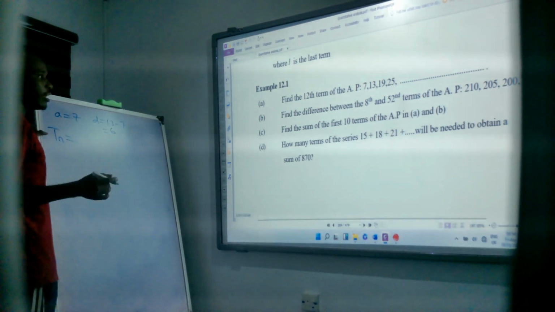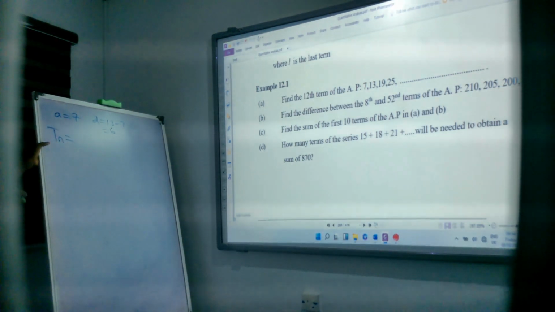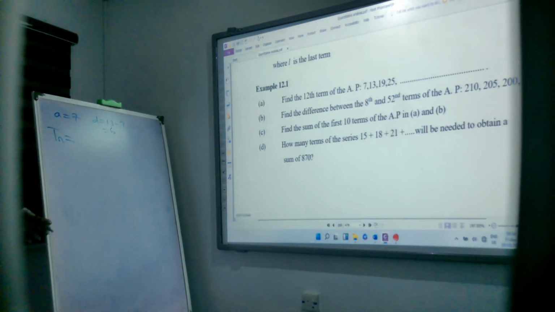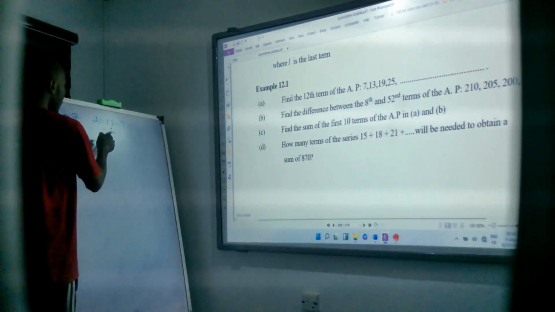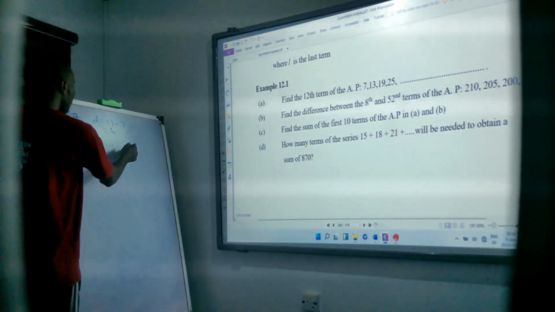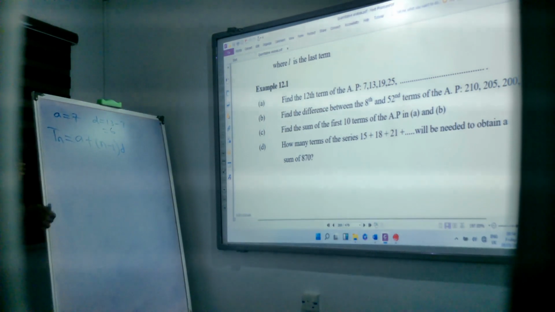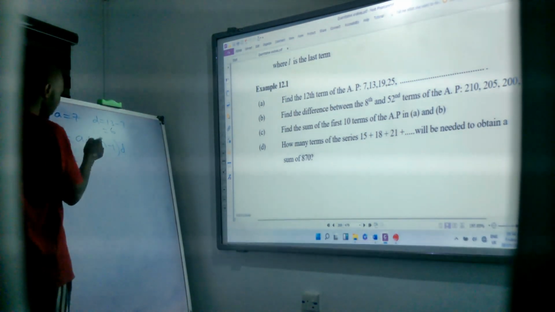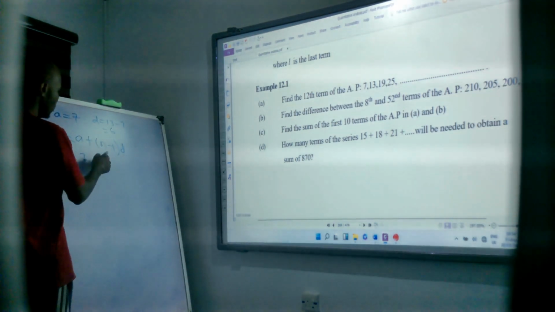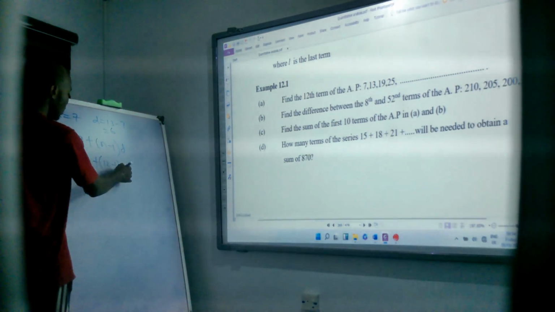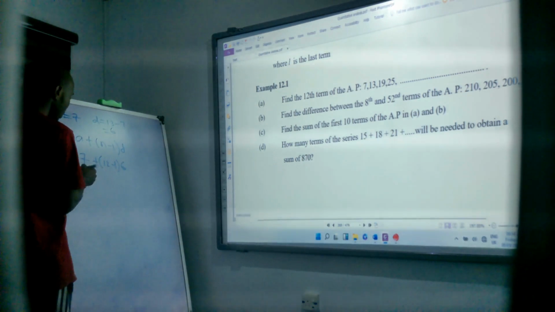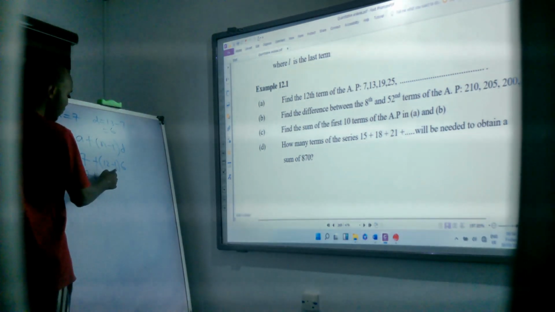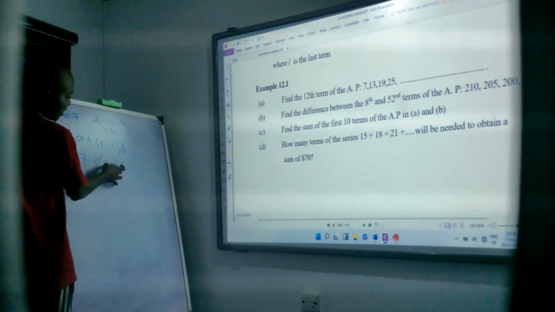So we have to get the 12th term. To get the 12th term, we use the nth term of the AP. Do you remember? Try to remember. Good, you have remembered. It is a plus n minus 1 multiplied by the common difference. Our n is 12, so the 12th term will be equal to the first term 7 plus 12 minus 1 multiplied by the common difference 6.